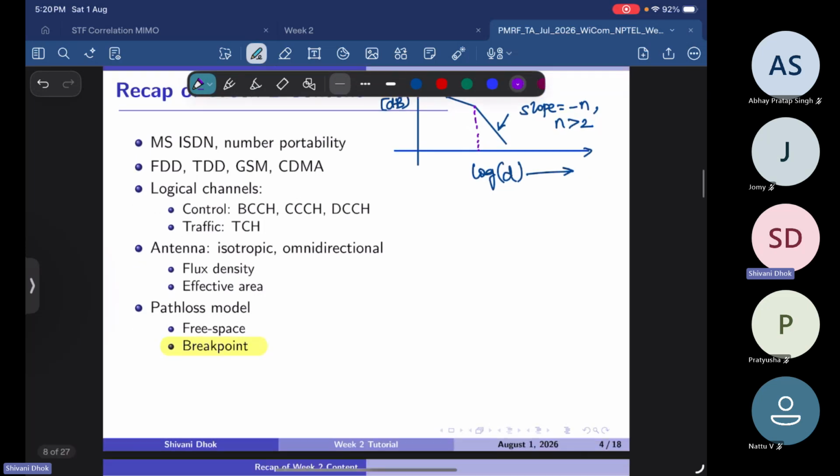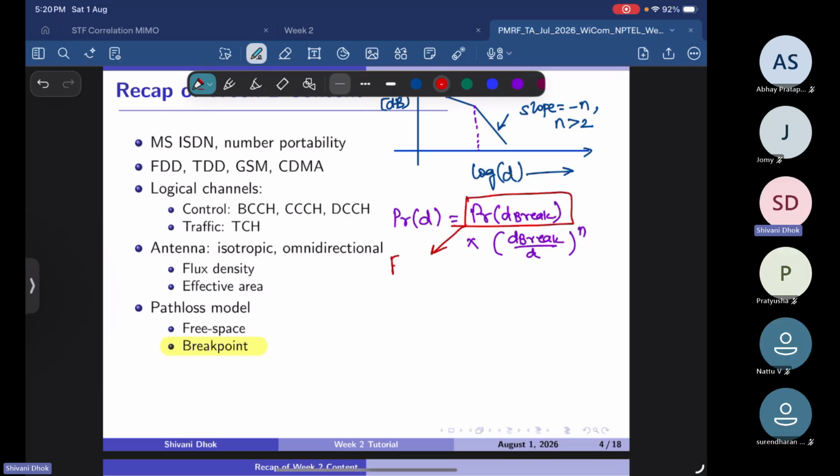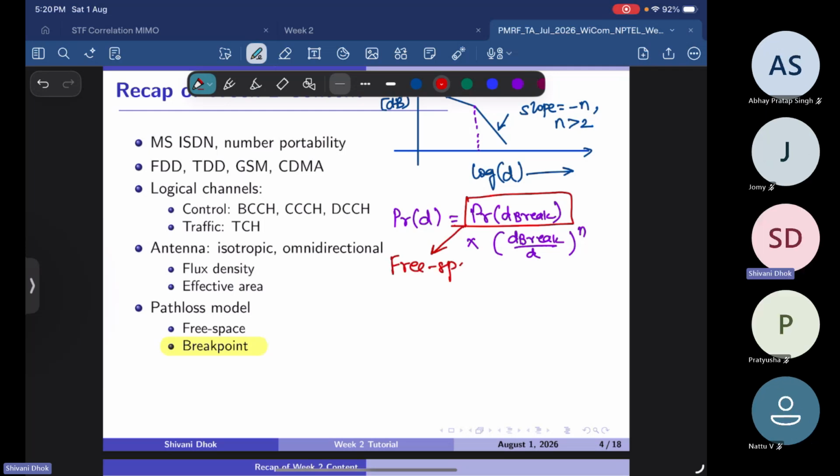So in this situation, the received power at distance d in linear scale is given by the received power at d break times (d break by d) whole to the power n, and the received power at d break is obtained based on your free space path loss model.